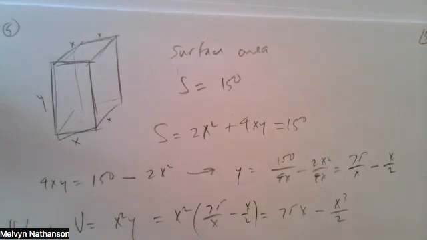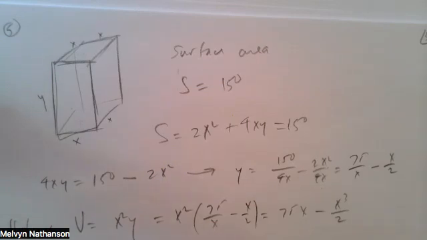So if you want to find the maximum volume, you look at dV/dx, the derivative, which is 75 minus 3/2 x squared, and we set that equal to 0. So this means that 3/2 x squared equals 75.